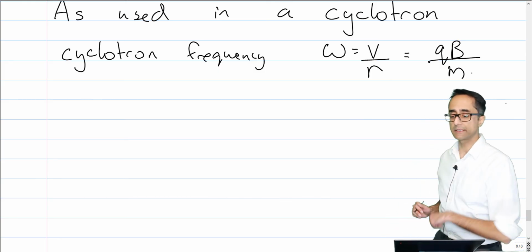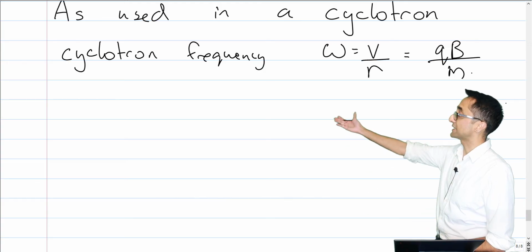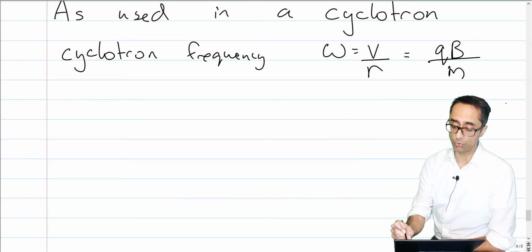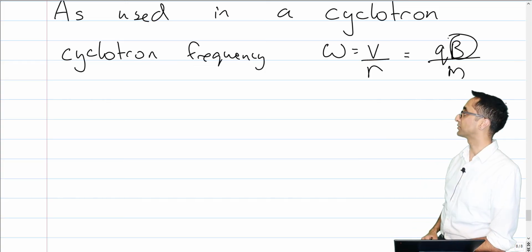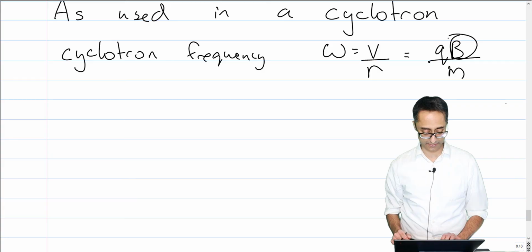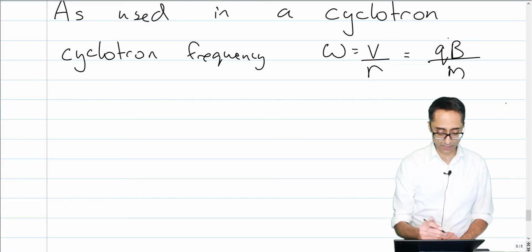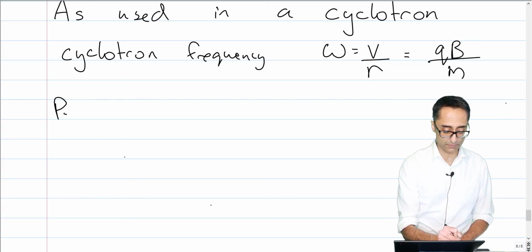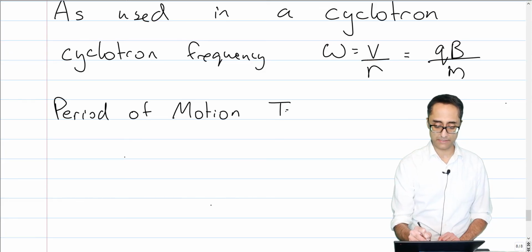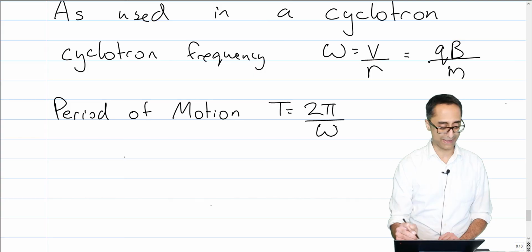And so basically, we can measure the cyclotron frequency omega, and we can control B to again get the ratio of q over m to identify mysterious particles, for example. We sometimes also make use of period when we talk about cyclotrons. And so the period of motion here is T equals 2 pi over omega.